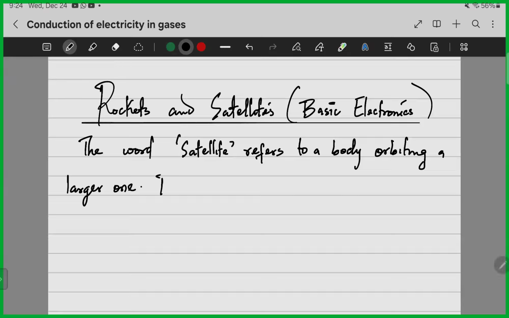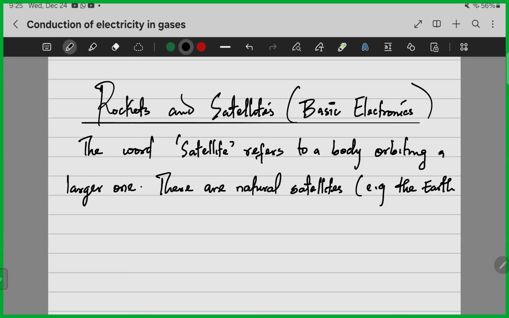There are natural satellites, e.g. the Earth and other planets orbiting the sun.